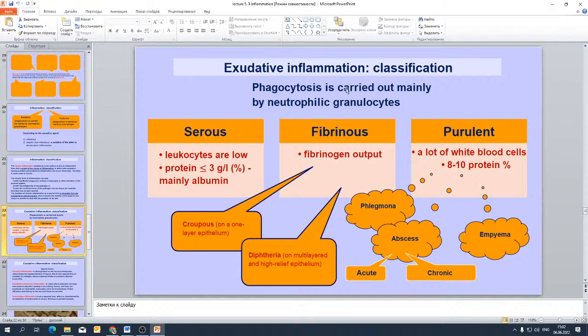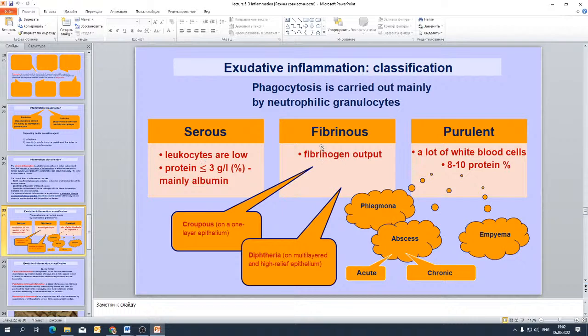You look at the amount of protein, mainly albumin, and leukocytes are few in serous exudate.